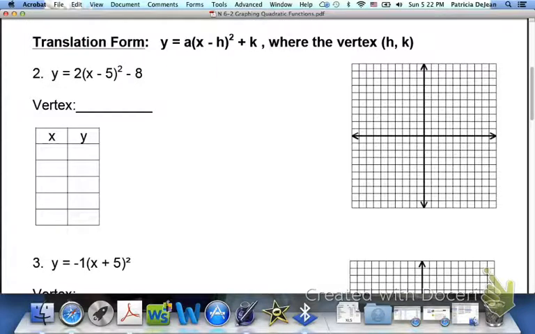This is basically translation form, also called vertex form, because from this form you can read the vertex. And that's pretty bad writing. But anyway, vertex form. And the reason is because you can read this vertex, (h, k), right from the equation.